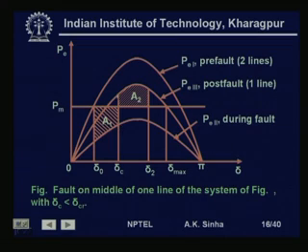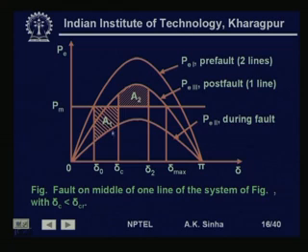The operating point will jump to the post fault characteristics, that is up to this point, and during this period the accelerating power available at each of these points will be between this P m and the during fault characteristics.